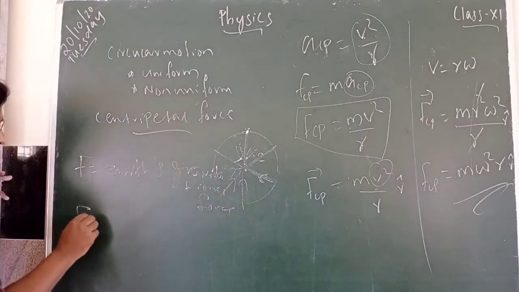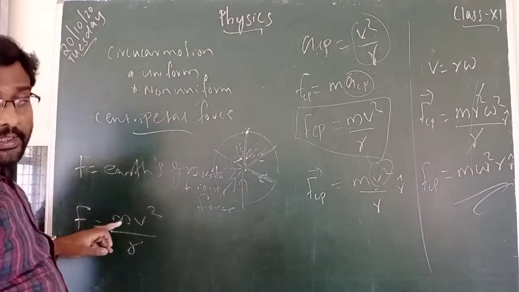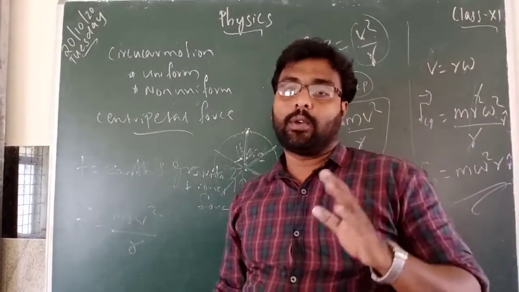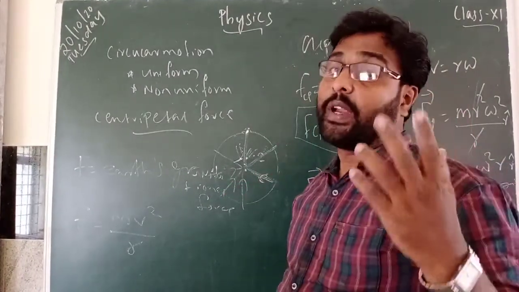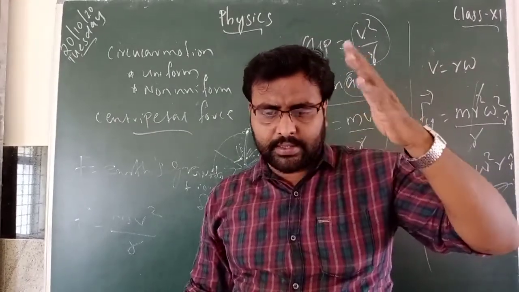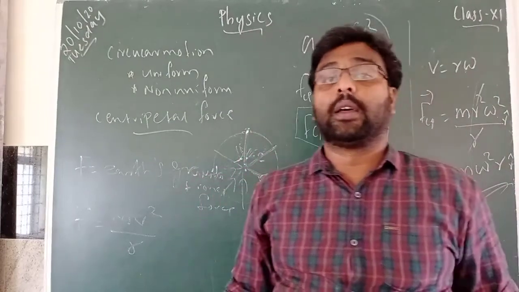So we can write the equation F is equal to m v square by r. Here m is the mass of the satellite, v is the velocity or speed of the satellite, and r means the distance of the satellite from the earth.